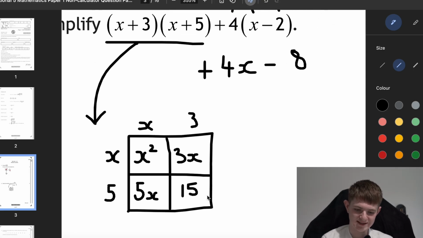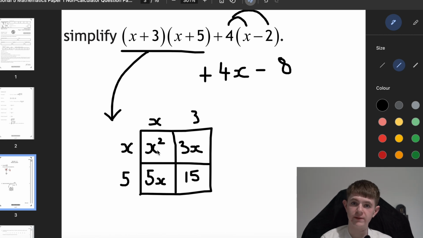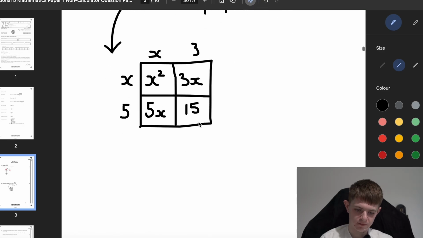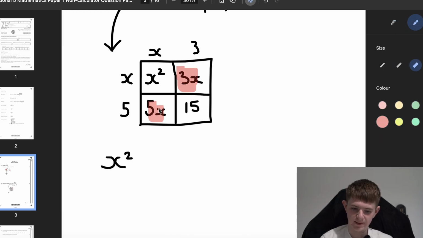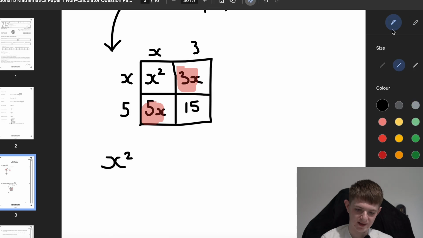We'll take this out of the box, and we're going to add it to what we got earlier on. So we've got x squared taken straight down. We're going to collect our like terms, so 3x and 5x. If you bring them together, that is going to get you 8x. So 8x, add your 15. So that's our box done.